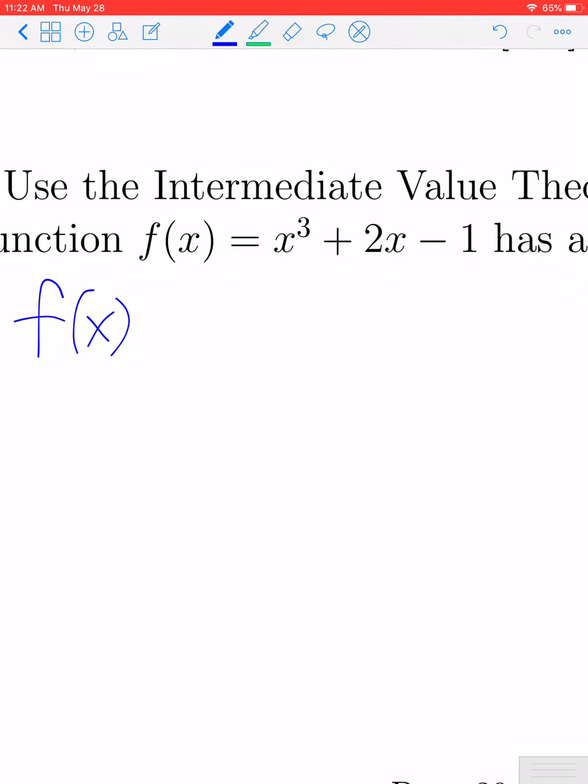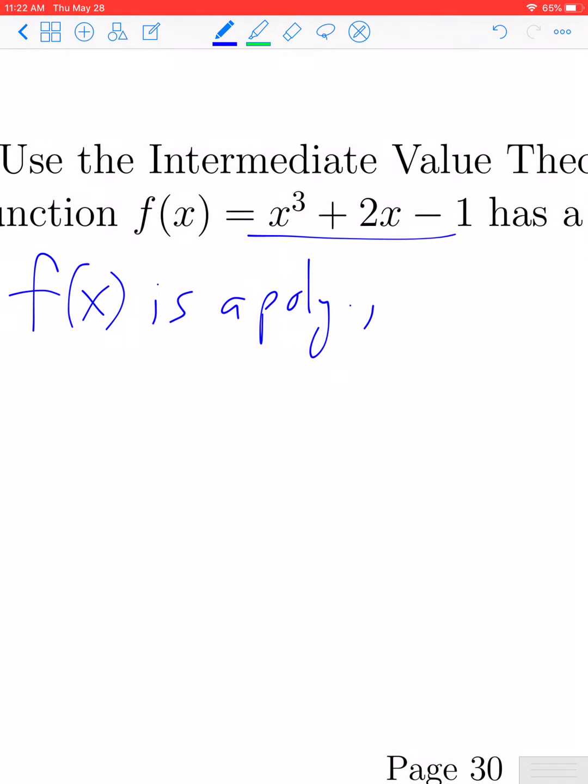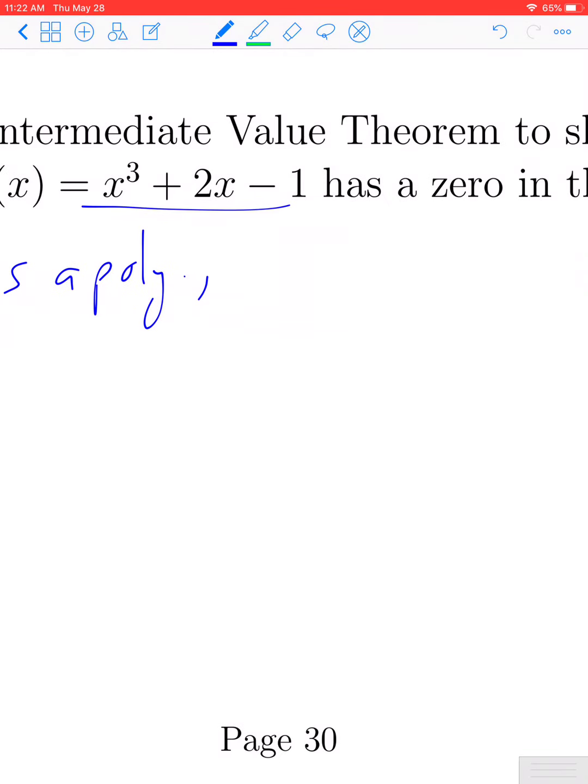First of all, f of x, this function here, is a polynomial. And one of the things that we know about polynomials is that polynomials are continuous everywhere. In particular, that means that they'll be continuous on any connected set of the real line.